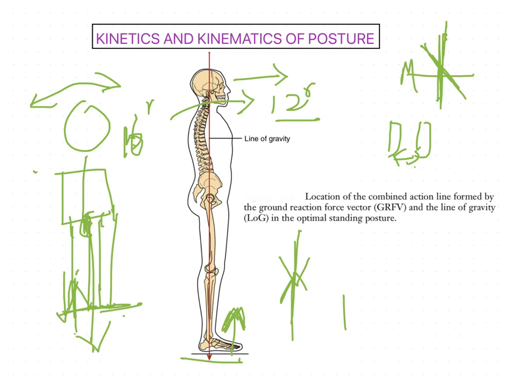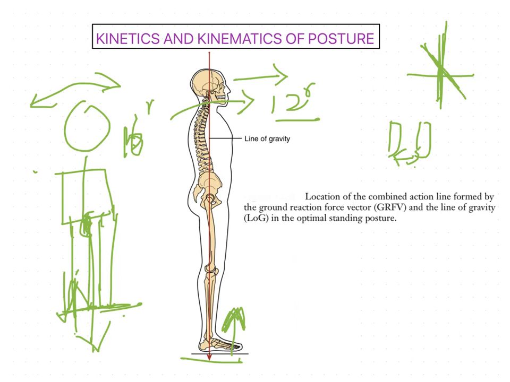Here, the red line on the sagittal plane of the body shows the location of the combined action line formed by the ground reaction force vector and the line of gravity in the optimal standing posture. Normally in dynamic postures, the LOG and the ground reaction force will not fall in the same manner.